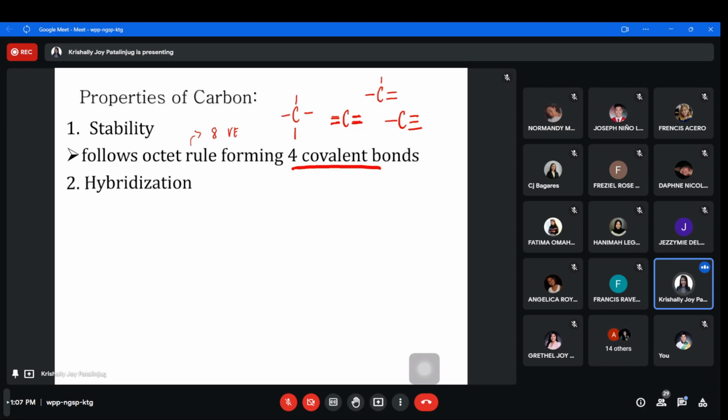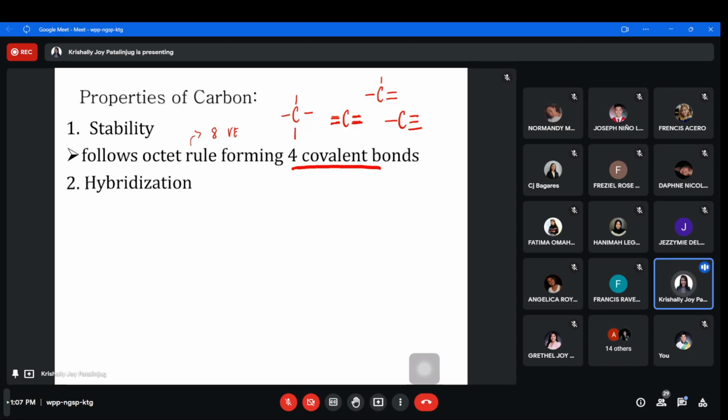Next, another property of the carbon atom that was also discussed is hybridization. Hybridization is the mixing of 2 or more atomic orbitals to form a new set of equivalent orbitals, called hybrid orbitals. We have 5 different hybridizations of elements.